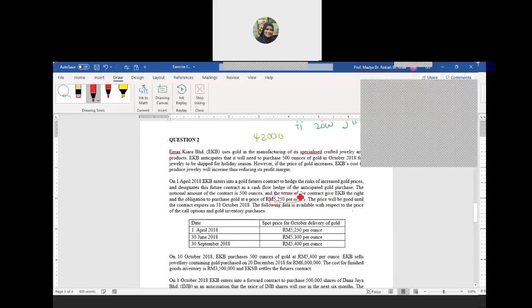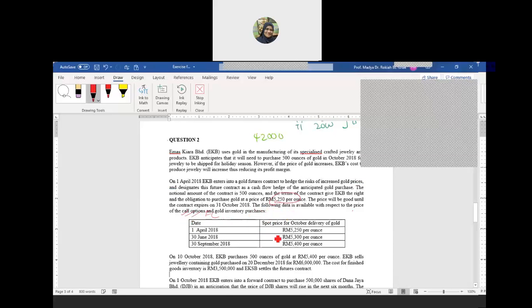That will be your contract price. The price will be good until the contract expires on 31st October 2018. Please change this one, not the call option. It's supposed to be a future contract.